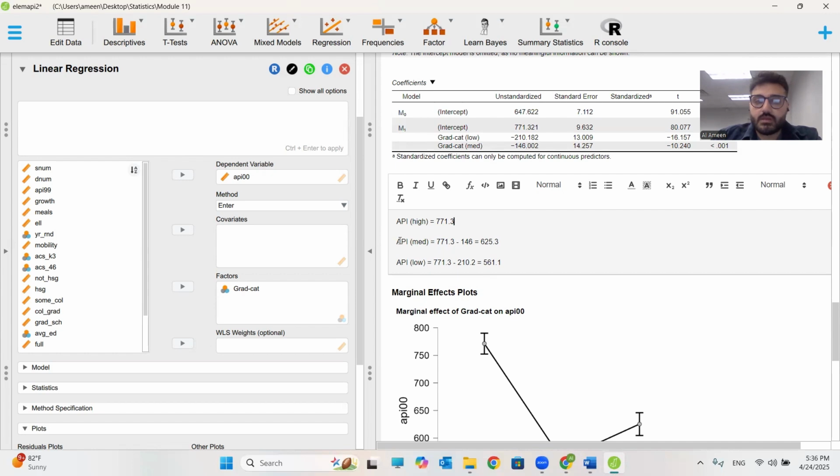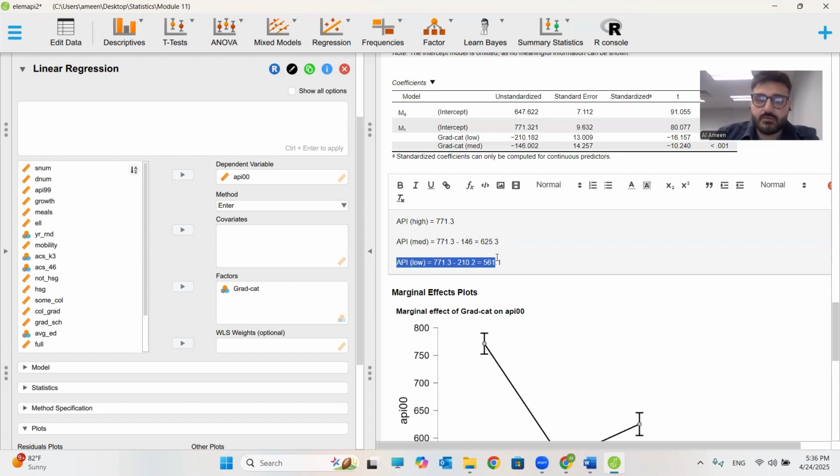771.3. And then if we want to calculate it for a school with, let's say, a medium level of parents who attended graduate schools, we take this factor 146, and then we subtract 770.1.3 from 146, we're going to get 625. That's the mean API for the schools with a medium level of parents who attended graduate schools.